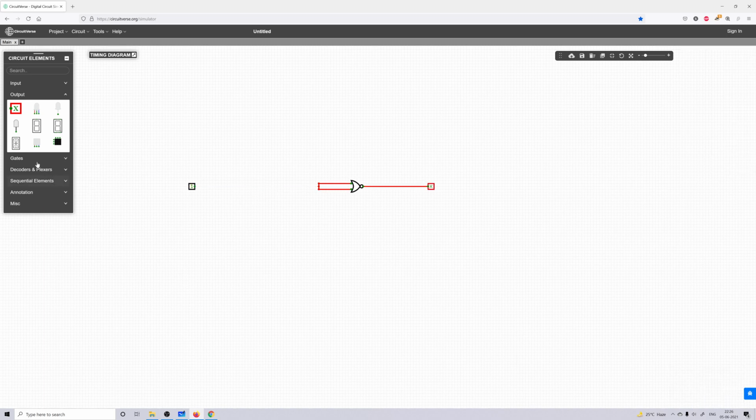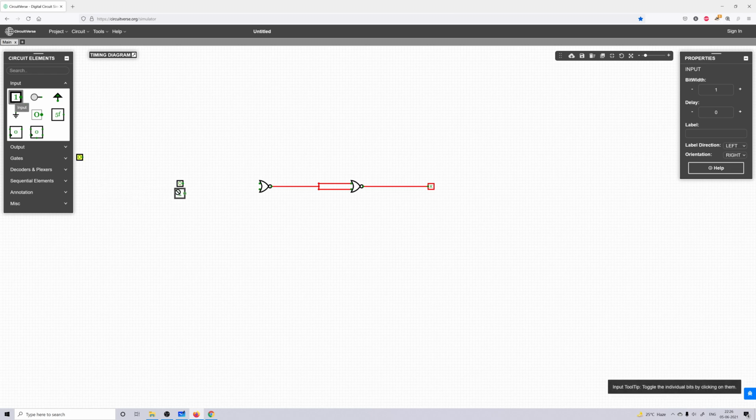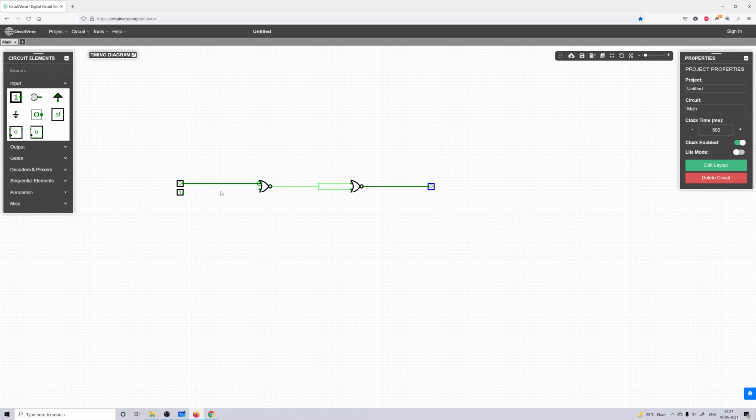Part of the circuit is already done. Okay. Let us check.